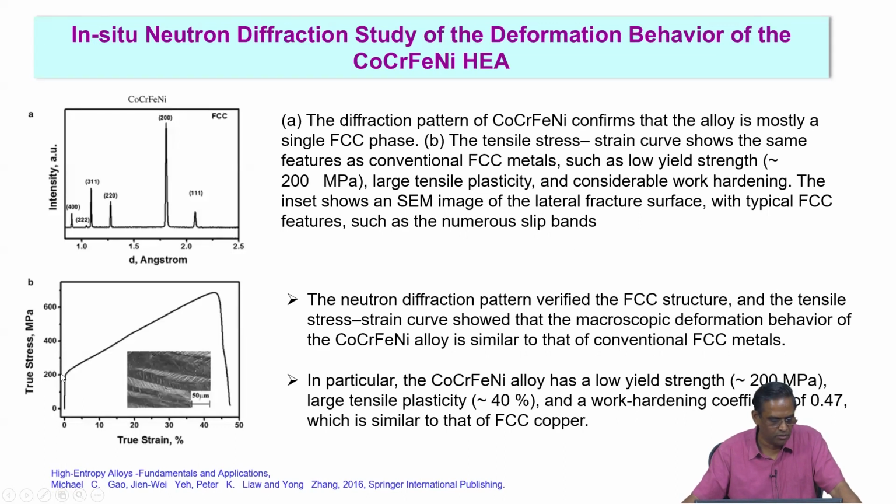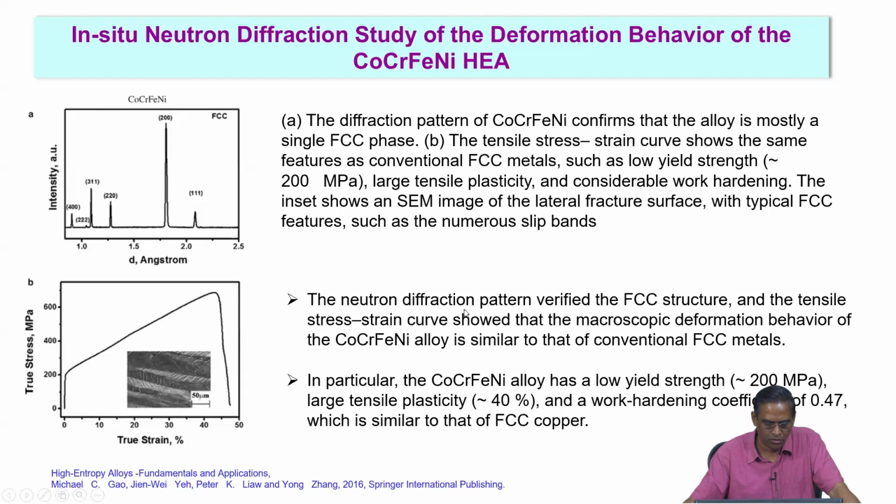Considerable work hardening. So, you can see that it keeps on increasing till about 40%, 45%. The inset shows the SEM image of the lateral fracture surface with typical FCC features such as numerous slip bands. Okay. So, you can see very interesting slip bands, very high density narrow slip bands.